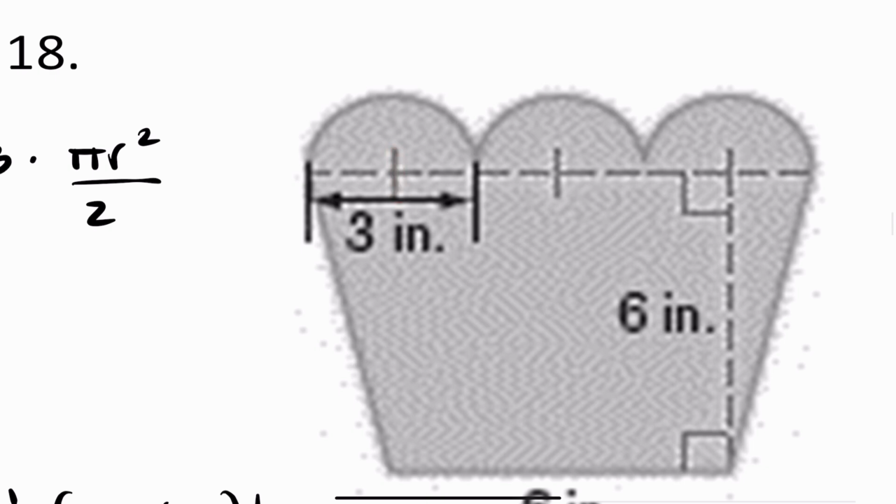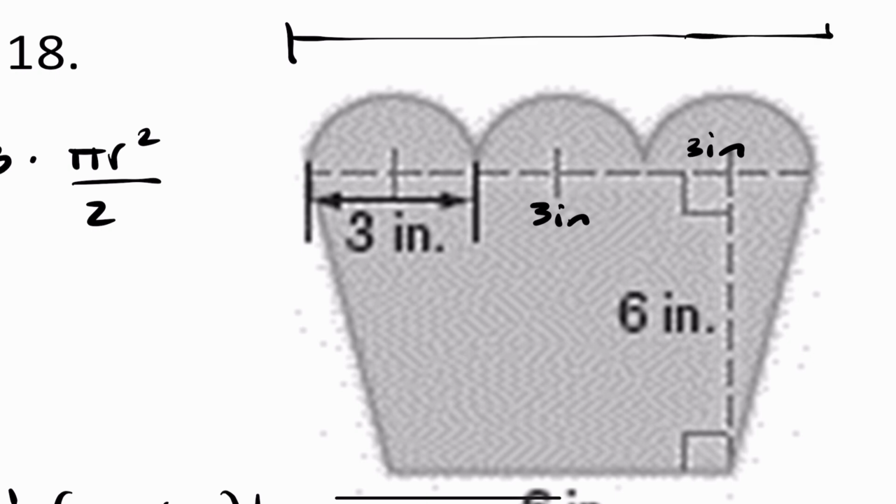So this side, and this side, they're all congruent to each other. So if this is 3, then this is 3, and this is 3. So in total, our first base is 9.